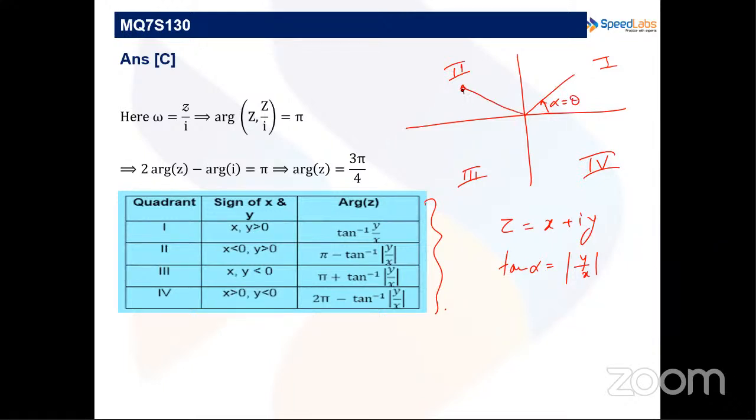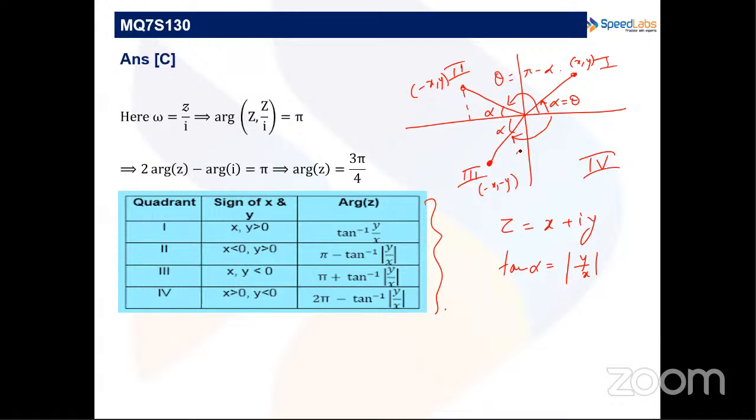If you are in the second quadrant, then this will be alpha, but our theta, which is our argument, will be pi minus alpha. If you are in the third quadrant, the point will be minus x comma minus y, but you have to measure from here.